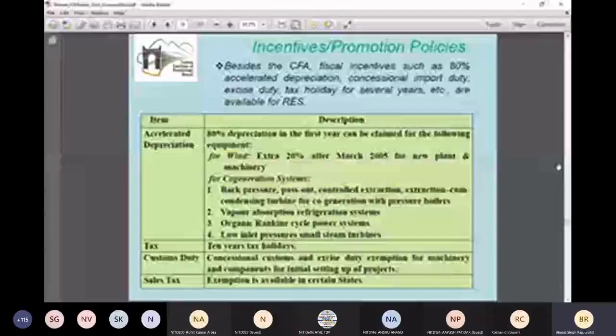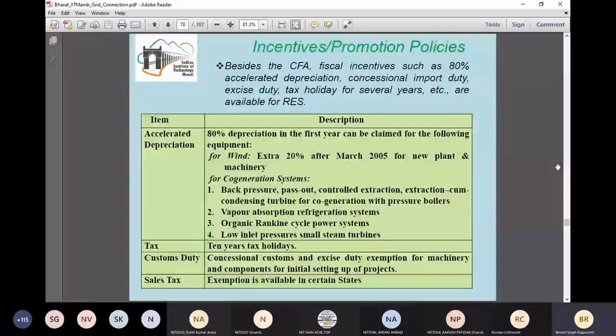And the accelerated depreciation provided a good input, especially to the few corporates who have financed so many wind farms and solar farms initially, and by which they also got the advantage of having a tax rebate. So this is very helpful for them.